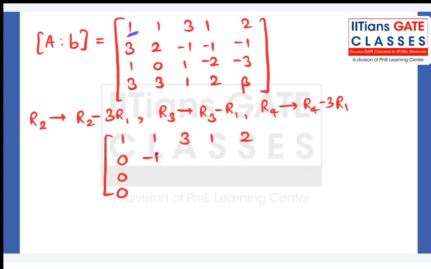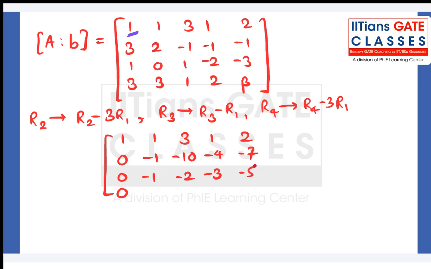Minus 1 minus 9 will be minus 10. This will be minus 1 minus 3, minus 4. Minus 1 minus 6, this will be minus 7. Similarly, 0 minus 1 will be minus 1 here. And 1 minus 3 will be minus 2. Minus 2 minus 1 is minus 3. Minus 3 minus 2 is minus 5.